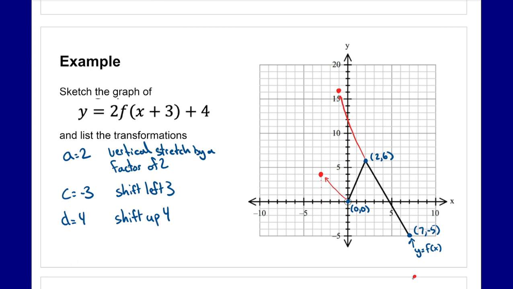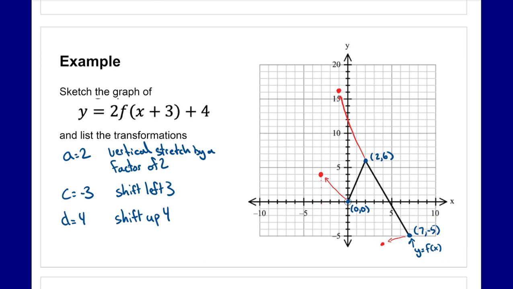We're at 7, so we shift it over 1, 2, 3 to 4, and then up 4. We're at -10, going up 1, 2, 3, 4, so we should end up right at about -6. So this point shifts over here. Those are where all those points end up shifting to.